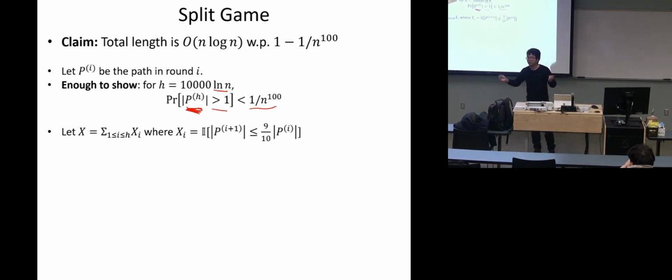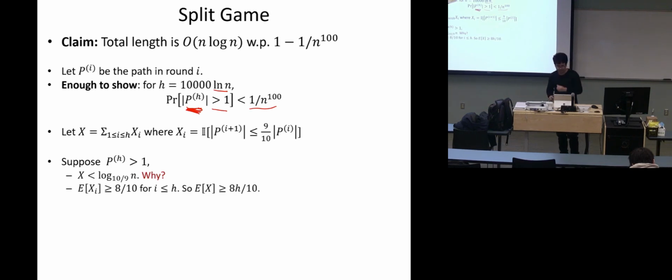So it's a good round, because it shrinks the path quite a lot. And let x count the number of good rounds. Then if the path has size more than 1 after h rounds, the total number of good rounds up to round h must be at most log base 10/9. Why is that?